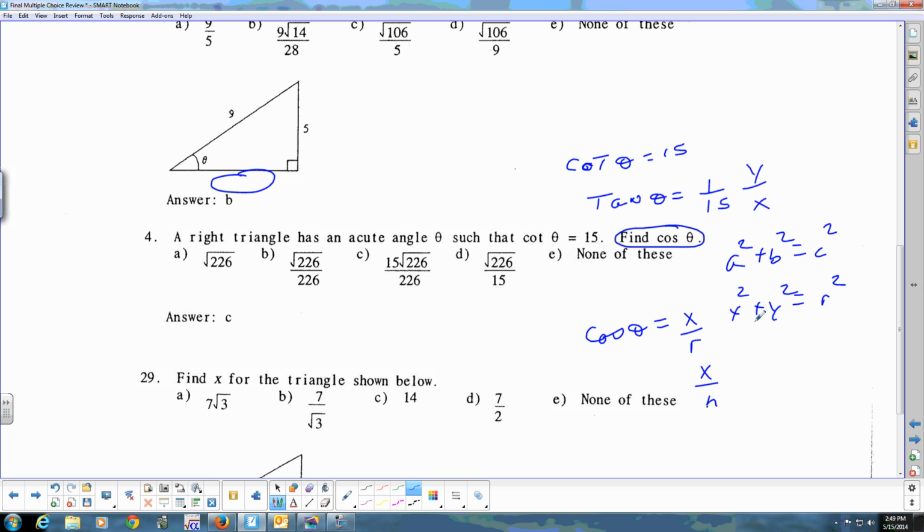So all you got to do is fill in x and y, solve for r, and then your x value, which is going to be 15 over your hypotenuse, whatever it is that you solve it for. It's pretty easy. Then you have to rationalize it, of course.